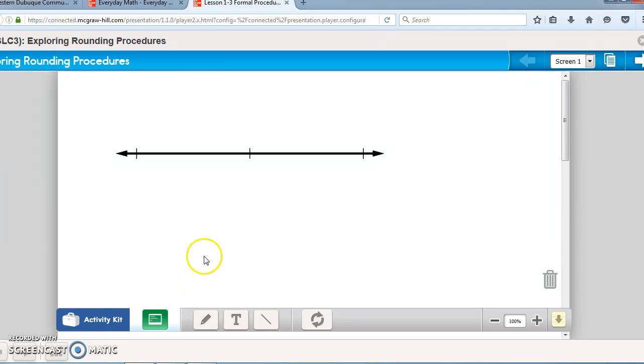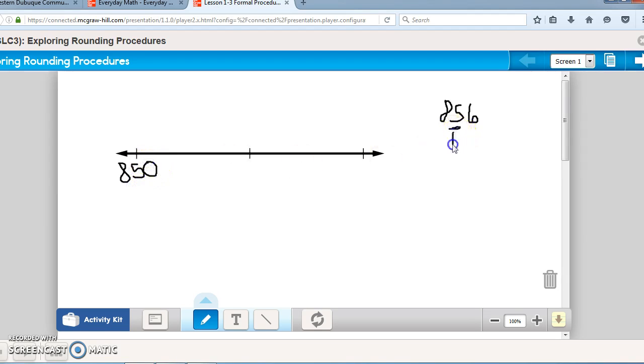One way is they started out with the number 856 and probably put it on a number line or off to the side. If rounding to the tens place, we would think that our choices would be either 850, or since it's the tens place that we're looking at, we would go up by 10, 860.